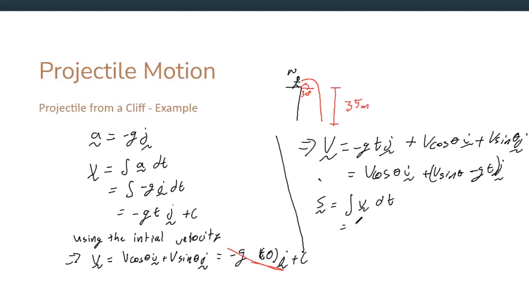And so then this is just going to become v t cos theta, because again I'm just going to integrate these components separately. v t cos theta i plus v sine theta, v t sine theta in brackets minus g t squared over 2. I'll just actually clear this up a bit, make sure the t is apparent. t sine theta. And this is a j component.